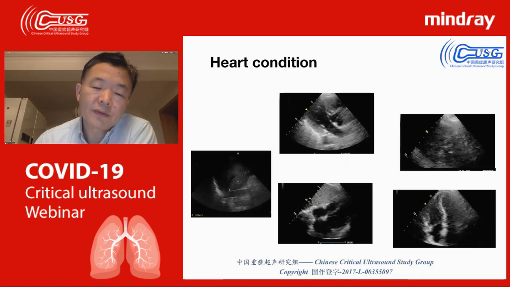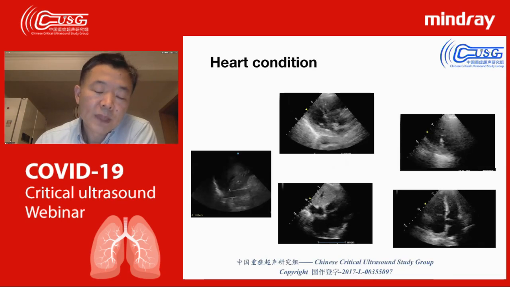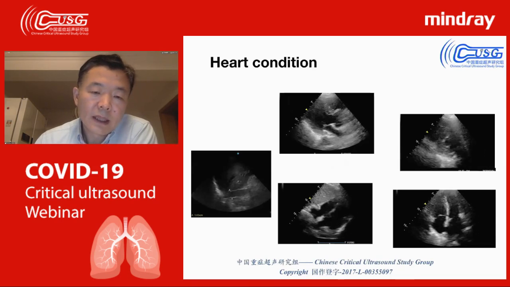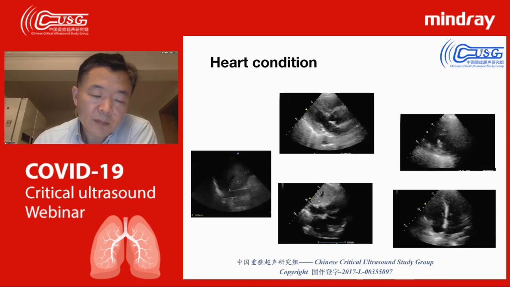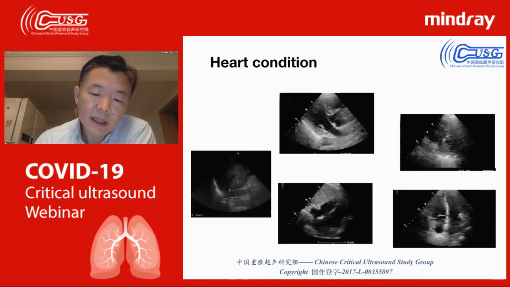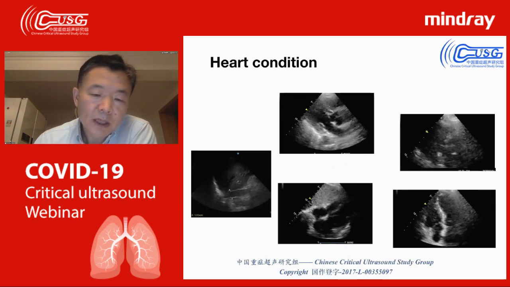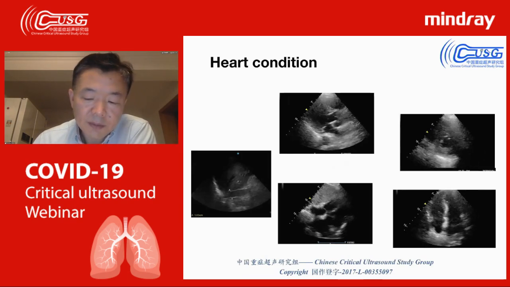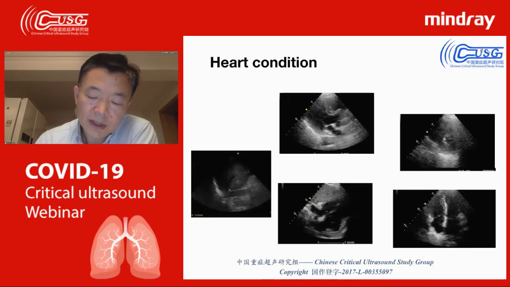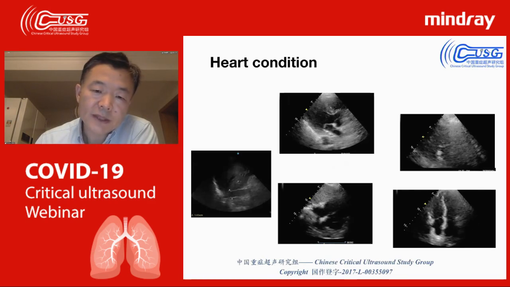I think now you should think about your critical ultrasound. If you follow your pathology, image, pathophysiology, and you follow your clinical information, and give the right decision, I think you can treat your patients, help your patients.